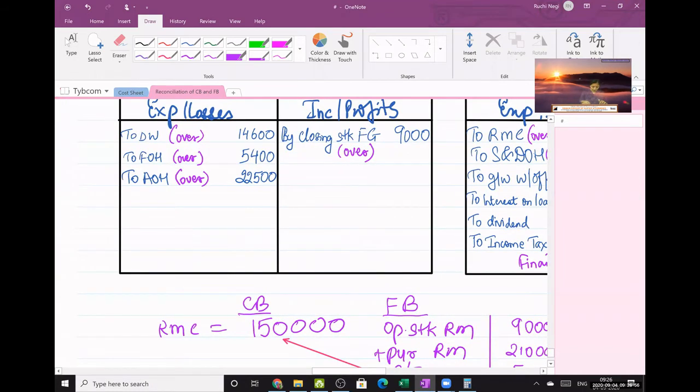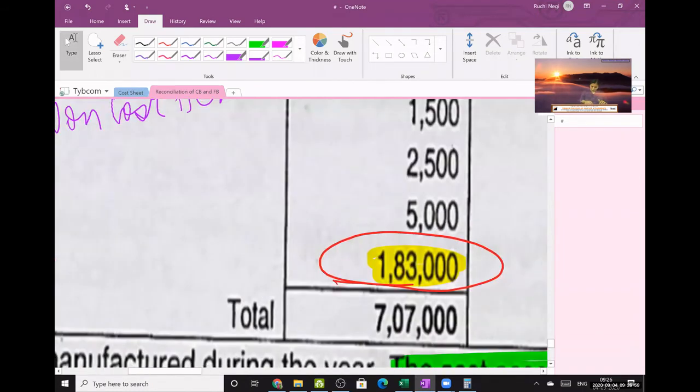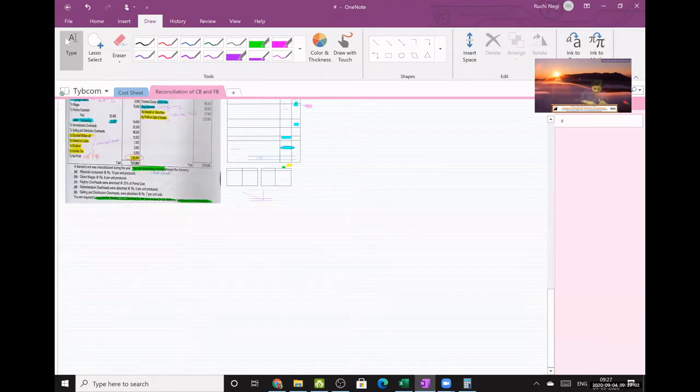The credit side also some items were there that also we have to record. Credit side में क्या क्या है?